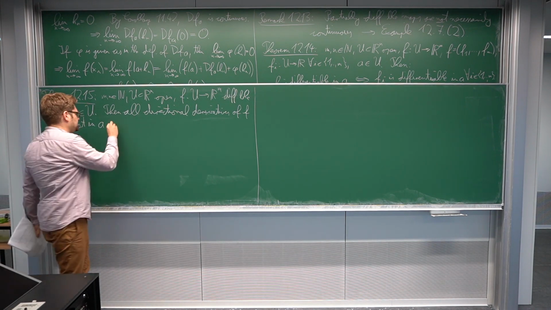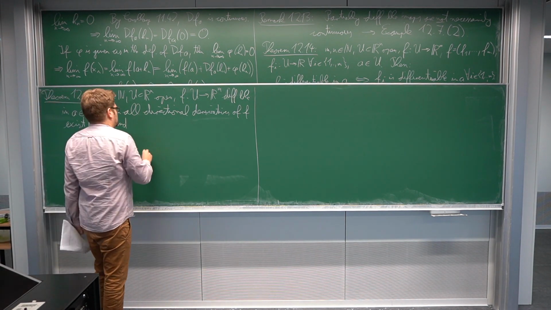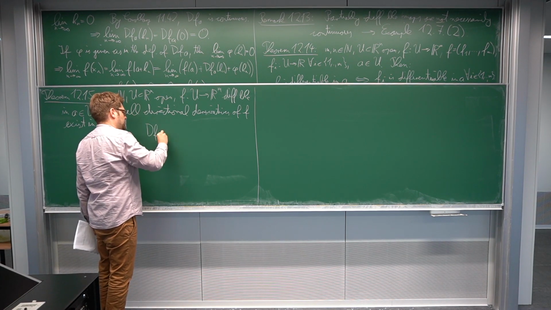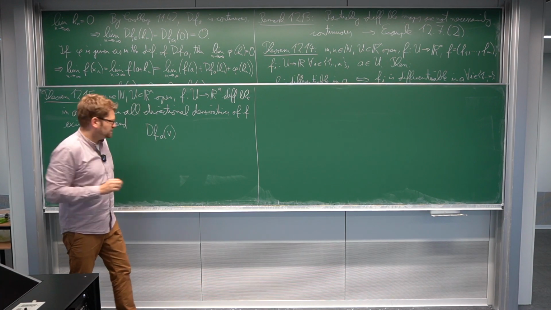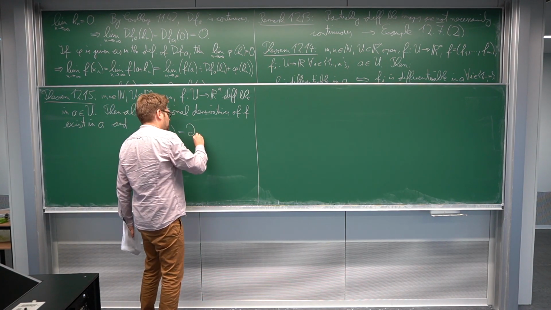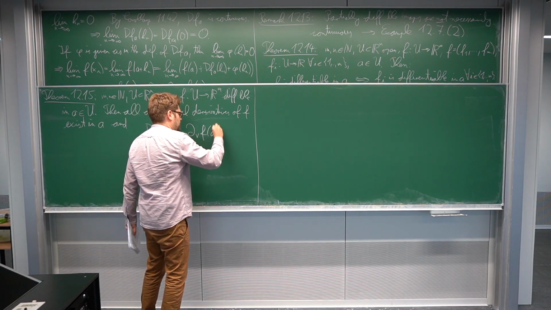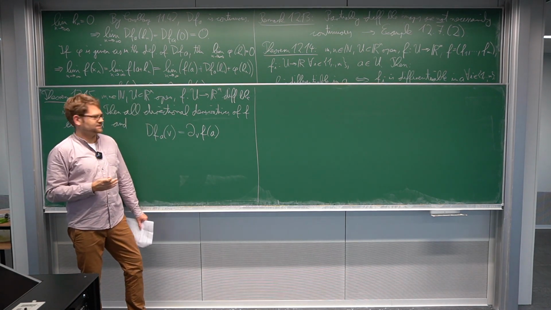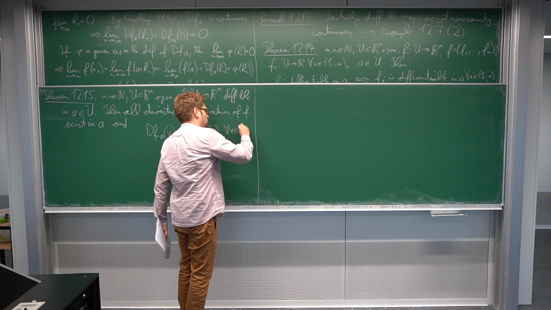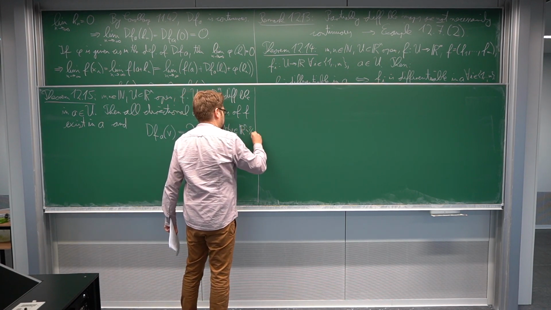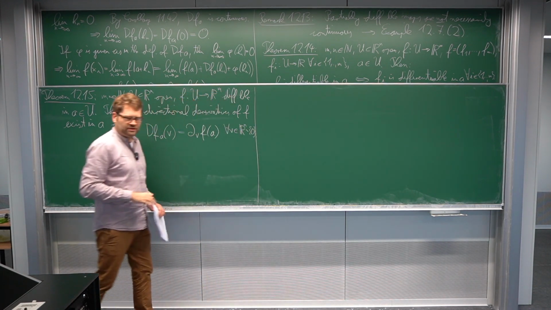And not only that, the differential at the point a, evaluated in some vector v, is the same as the directional derivative of f in that point a in direction v. That's nice. So this is another explanation of why the derivative sees more. This is true for all v in R^n without 0.